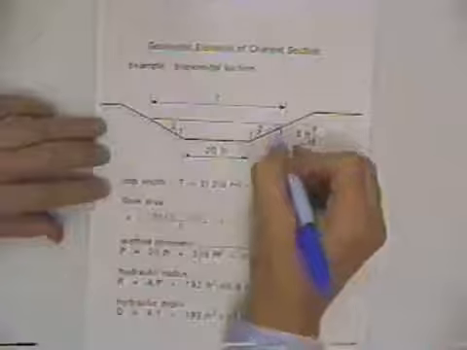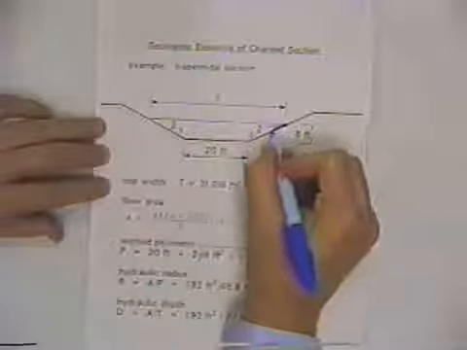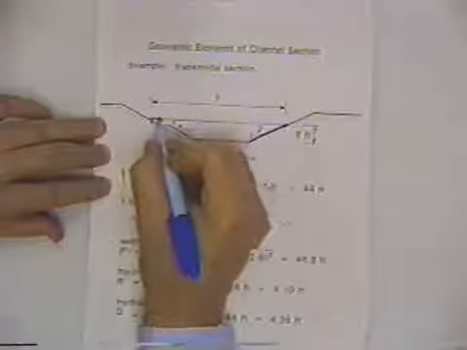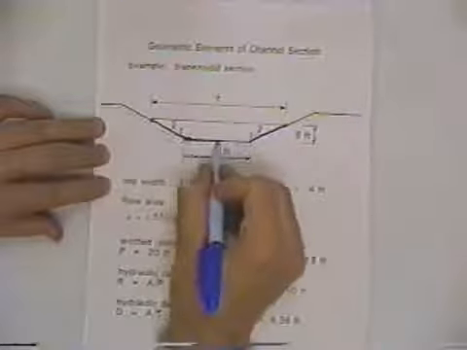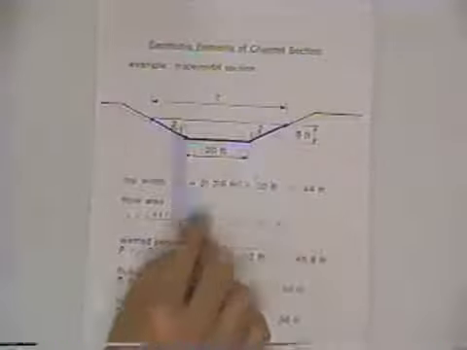And so just going to geometry, one definition is wetted perimeter. And here's the wetted perimeter. If you visualize a plane being placed perpendicular through the flow, that would be the intersection of the plane with the boundary of the flow with the container.